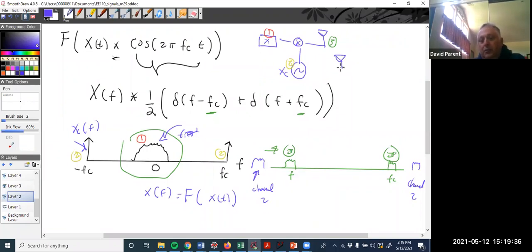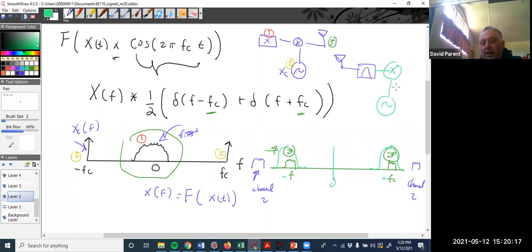We need to get back our original signal. And so how do I get back that original signal? I only want one frequency range, so I just draw a bandpass. Now, we have our negative frequencies and our positive frequencies. Normally, we're only dealing with that, so that's why I get a bandpass. But the frequency is still here, right?